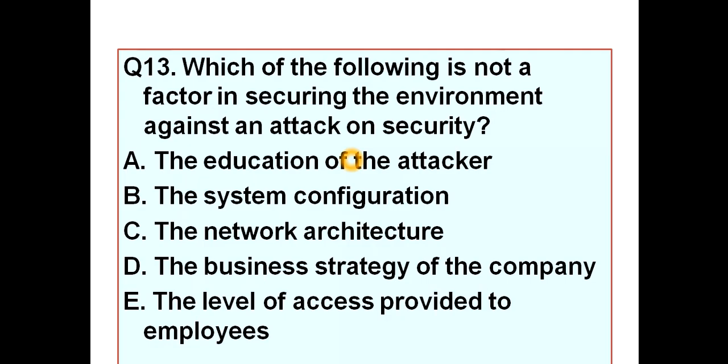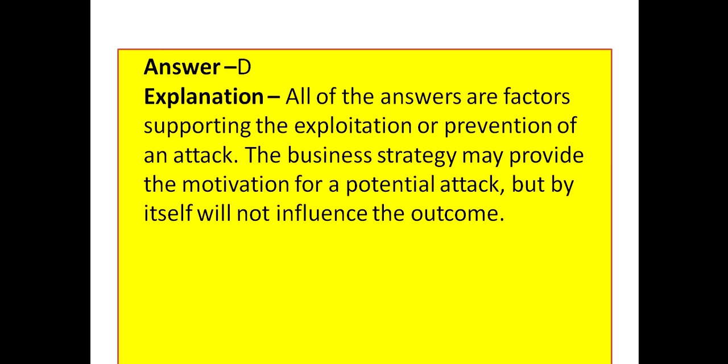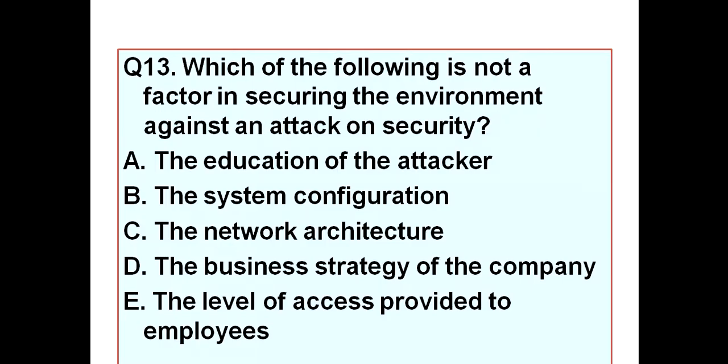In this case, the correct answer is D, the business strategy of the company. The business strategy of the company is not a factor in securing the environment against an attack on security. The location of the attacker is very important, system configuration is also important, the network architecture is also important, and the level of access provided to employees.